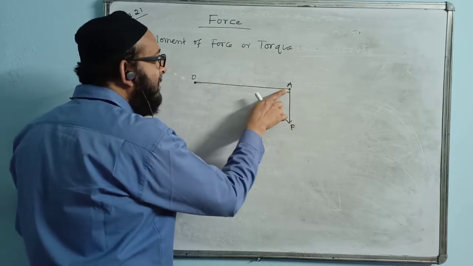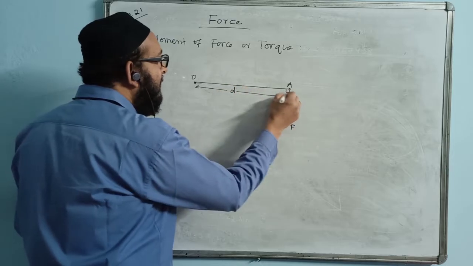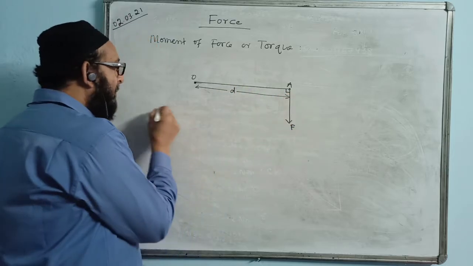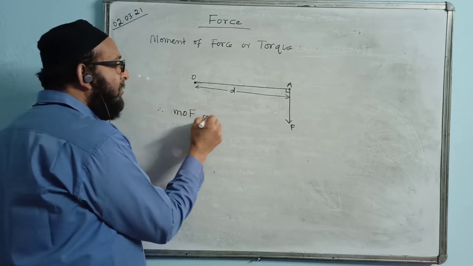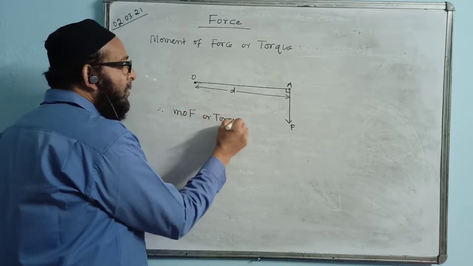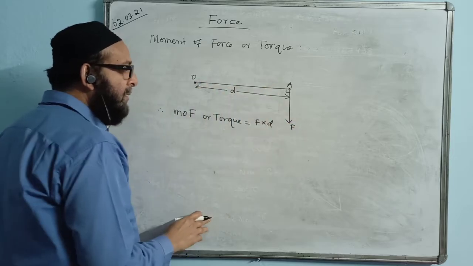That perpendicular distance we can denote by D or by R. Therefore, moment of force, MOF, or torque, formula will be equal to F into D, force into this distance.